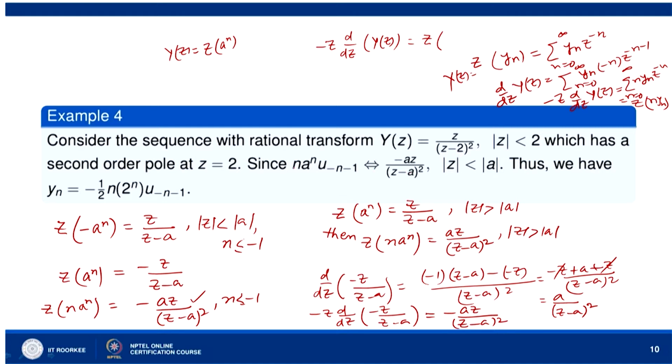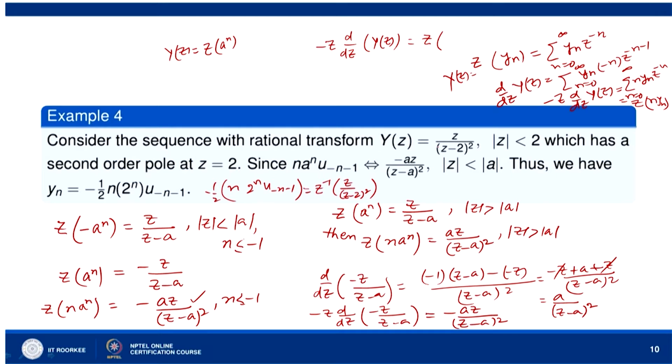So, we have n 2 to the power n u of minus n minus 1 divided by minus 2, which is minus 1 over 2. This is nothing but the inverse Z transform of z over z minus 2 whole square.